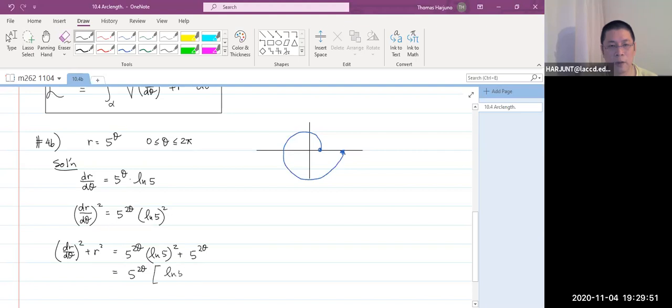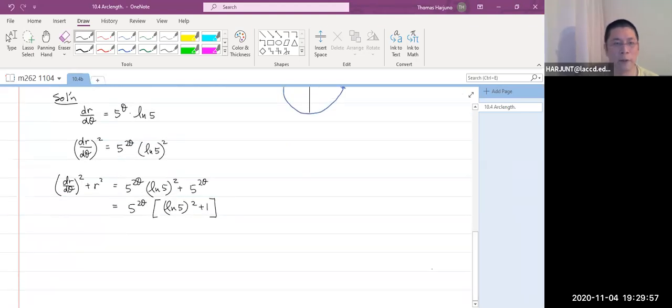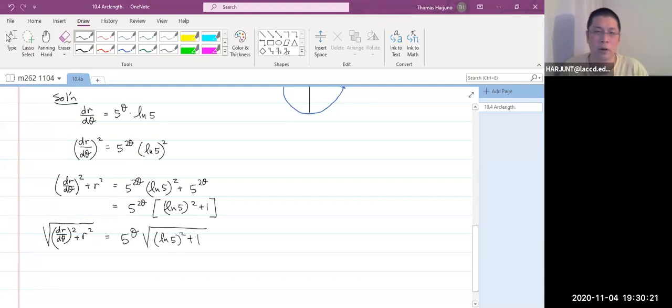Ln 5 squared plus 1, such that the square root of that will be 5 to the theta square root of natural log of 5 squared plus 1. Oh, by the way, that's just a constant.